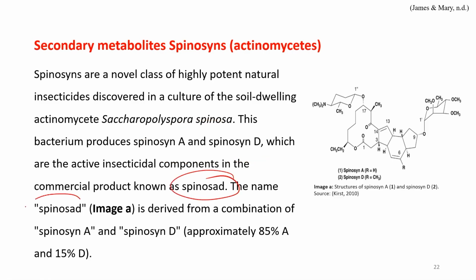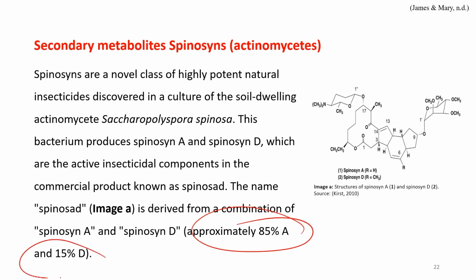The name spinosad, as we can see in this image, is derived from the combination of spinosyn A and spinosyn D. The first is approximately 85% and the second is around 15%.